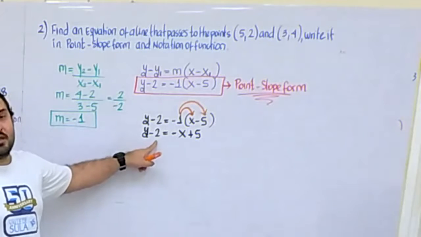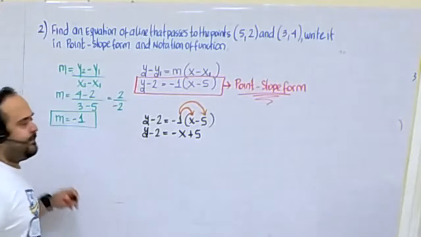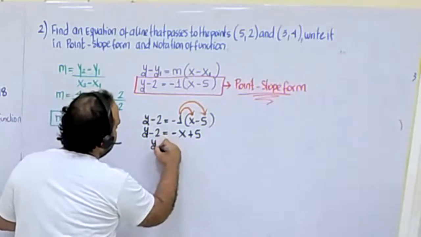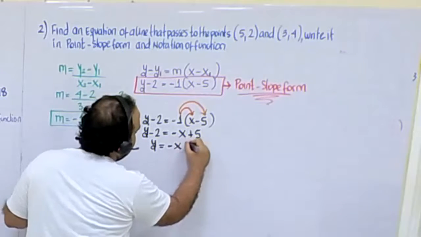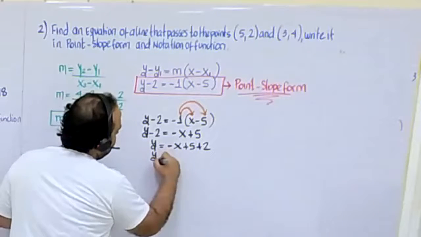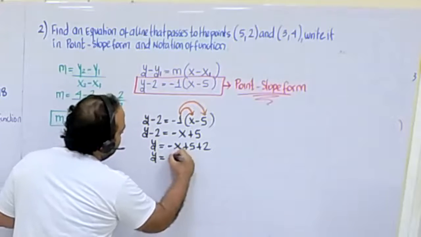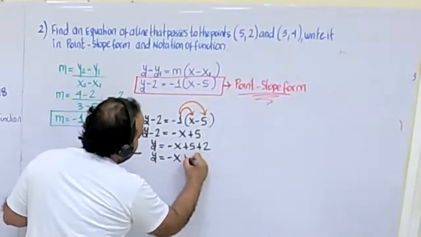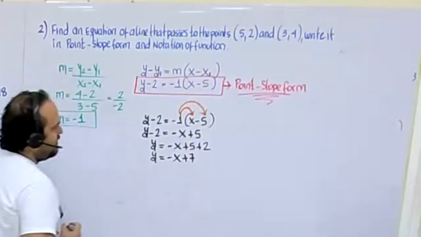And because the number 2 is subtracting, it passes to the other side by adding. I mean, negative x plus 5 plus 2, we can conclude y will be equal to negative x plus 7.